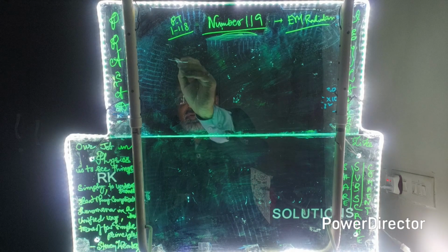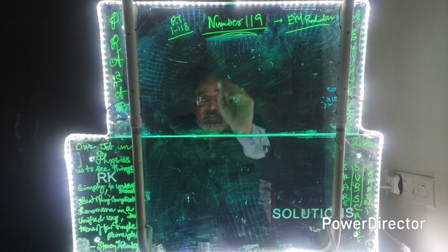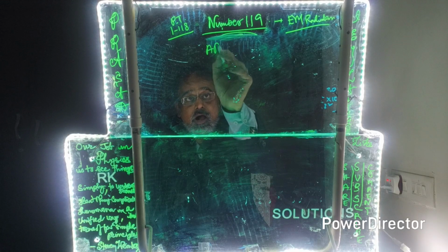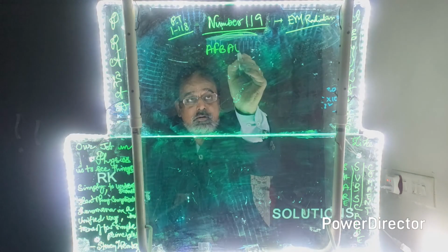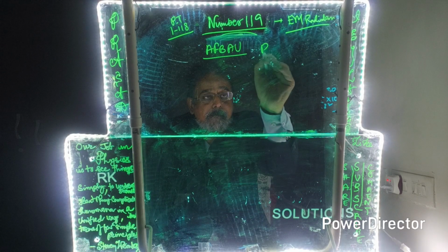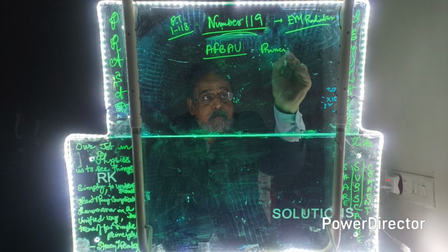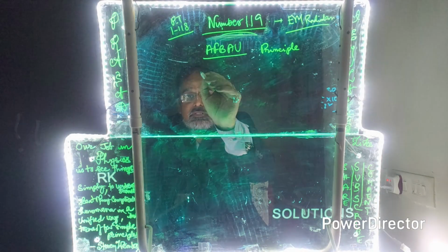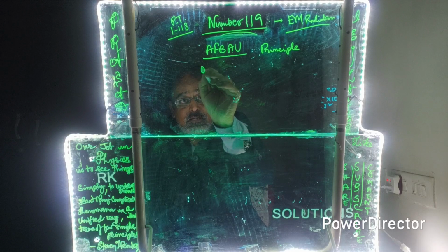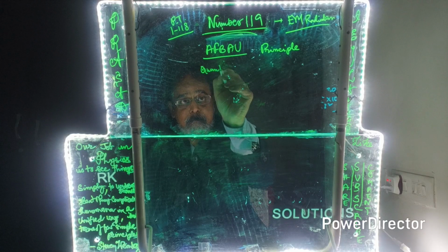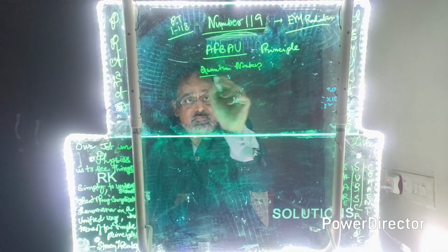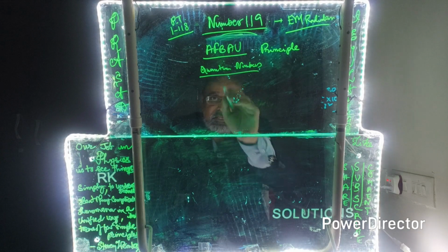Now we have what we call the Aufbau principle. Before that, we should know certain things. The quantum numbers, most important of all in quantum mechanics.